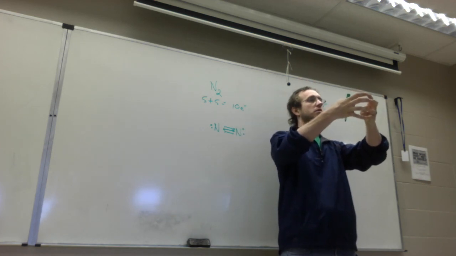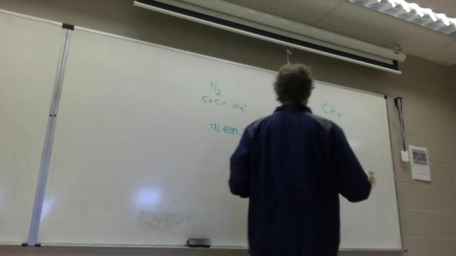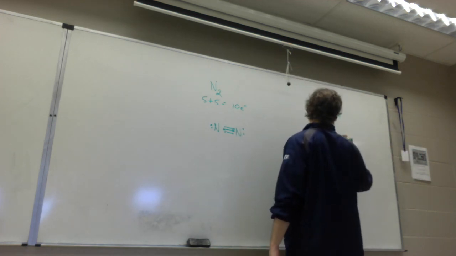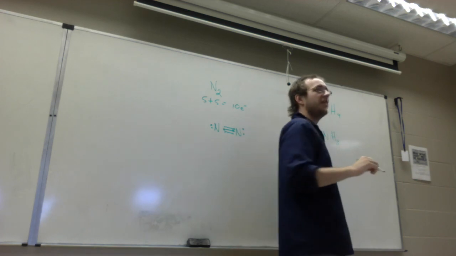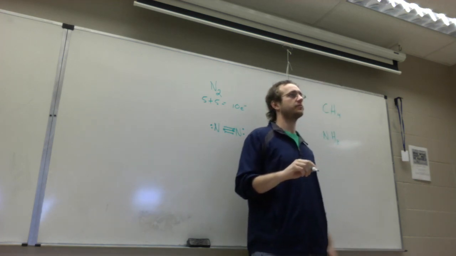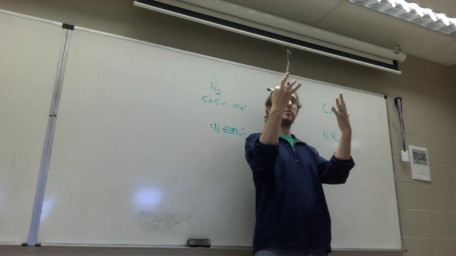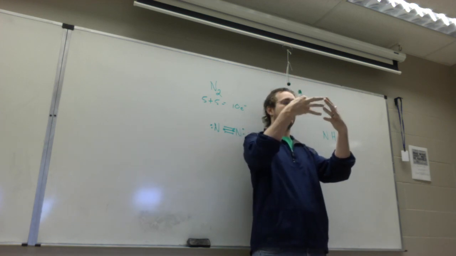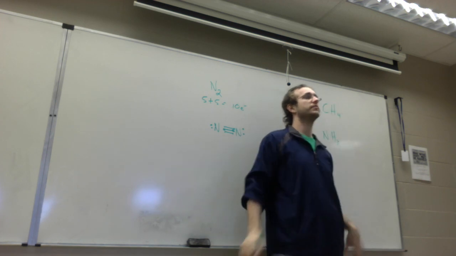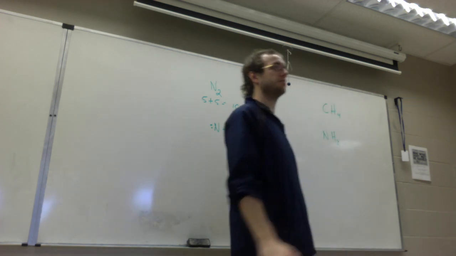Four. Yep. If you look at nitrogen, let's say you had NH3, how many valence electrons does nitrogen have? Five. How many is it missing? Three. So how many bonds will it make? Oh, so how many is missing is how many bonds there are?